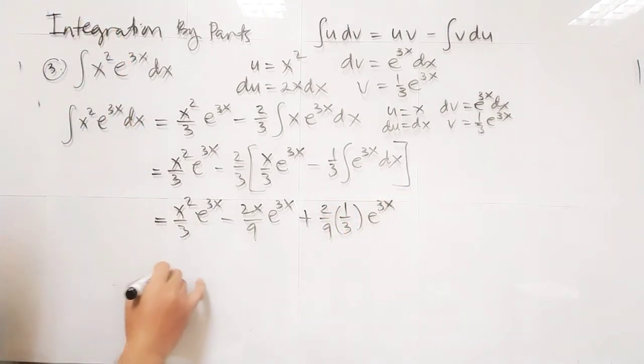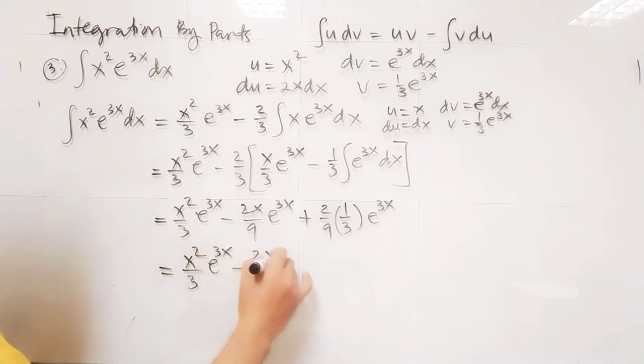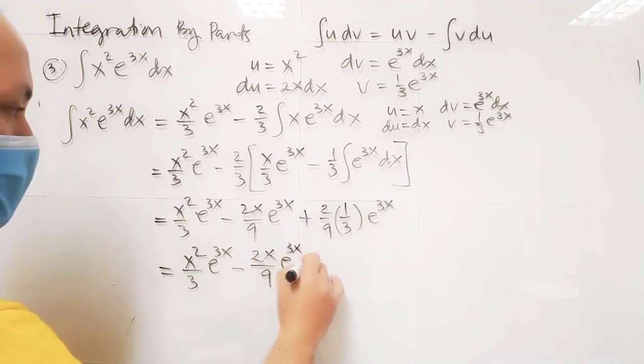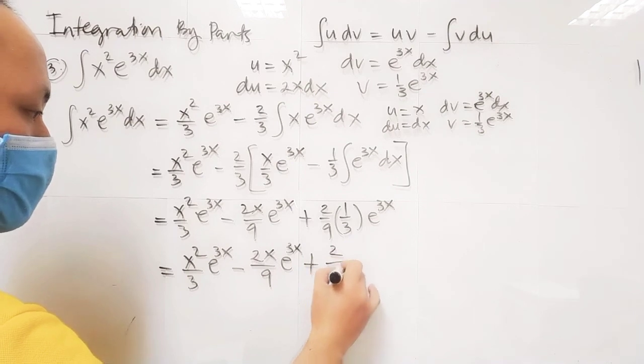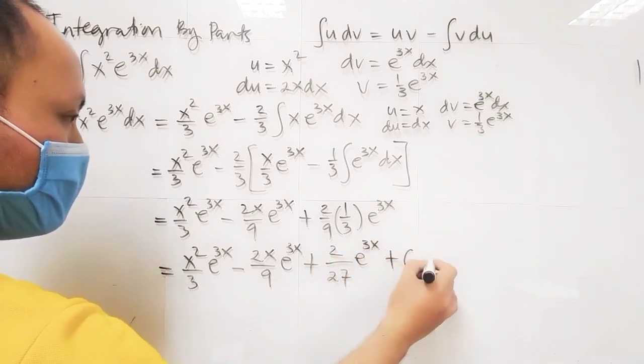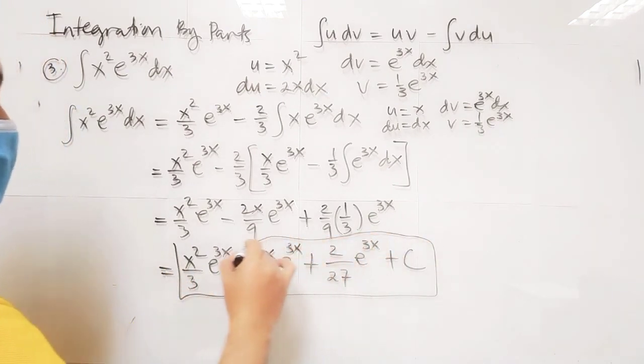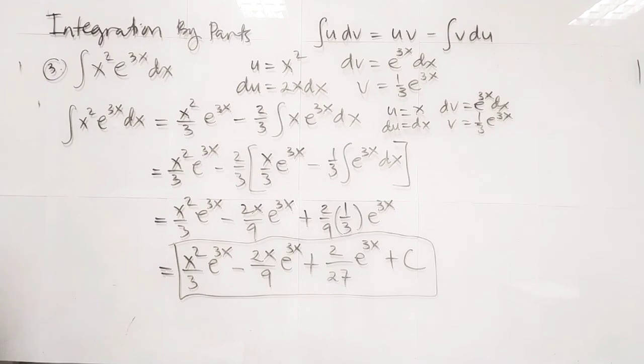So our final answer is x squared over 3 e to the 3x minus 2x over 9 e to the 3x plus 2 over 27 e to the 3x, of course, plus c. This will be our final answer for integration by parts.